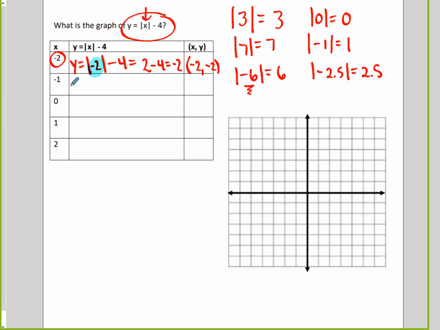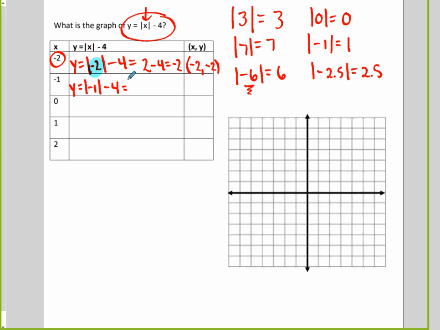I'm just going to start writing the next one. If you're getting caught up, go ahead and finish writing that top line. Now we're going to put negative 1 in, and then take away 4. So this function, this machine, takes your input, and it says, okay, input, I'm going to turn you positive if you were negative.